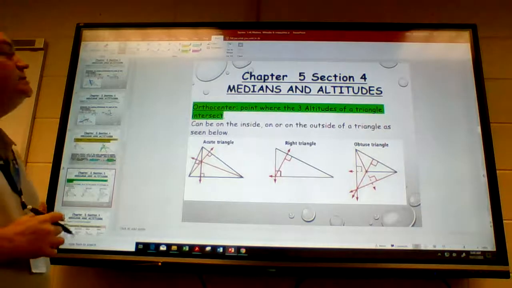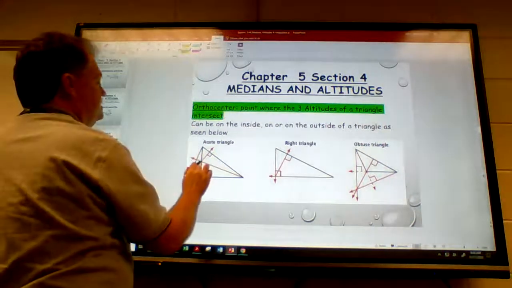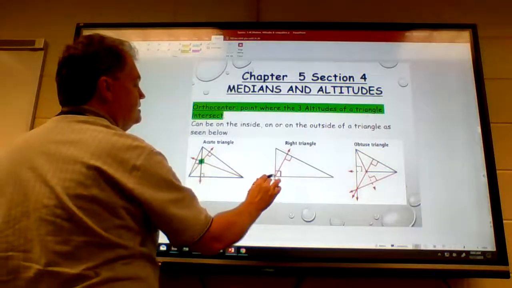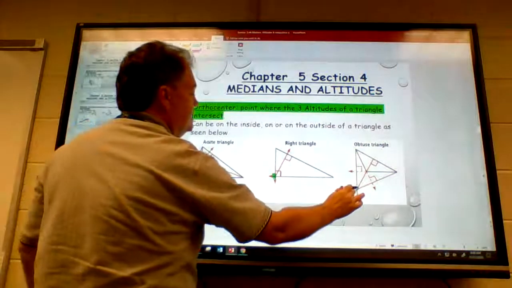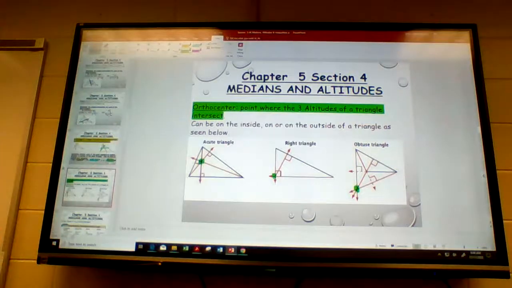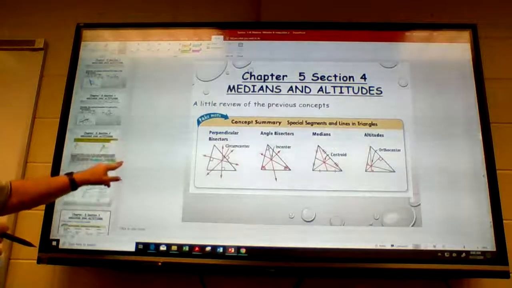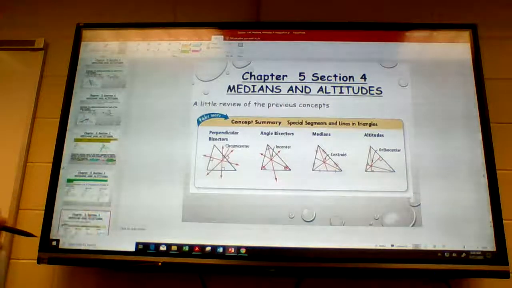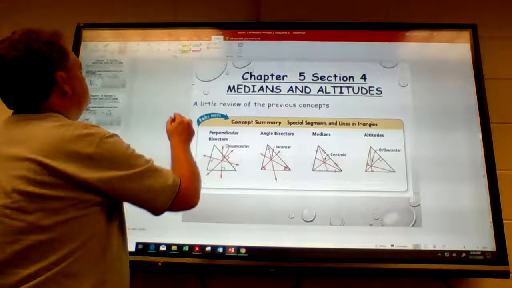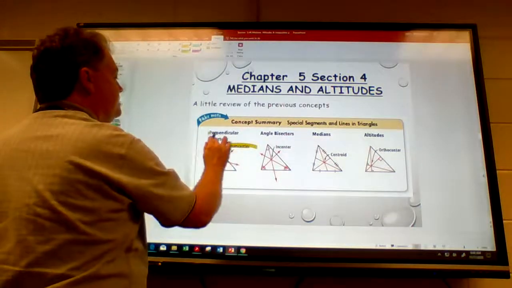Now the orthocenter is where the altitudes of the triangle intersect. All right, so we got an altitude there, and an orthocenter down there. So just a little bit of information you need to know. And also, circumcenter is the perpendicular bisectors.